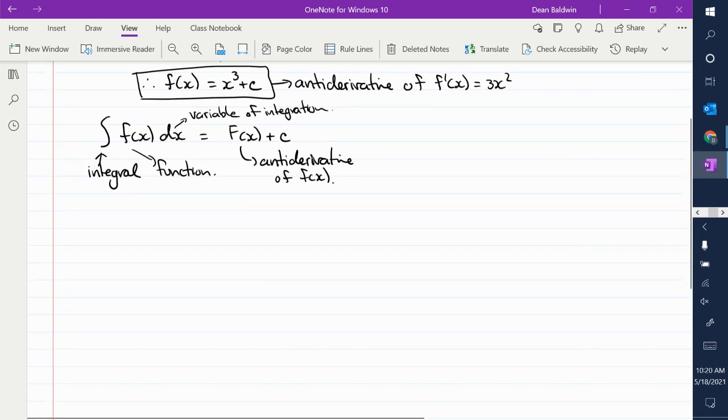So there's some properties, just like derivatives. There are properties or rules, I guess, laws, whatever you want to call them.